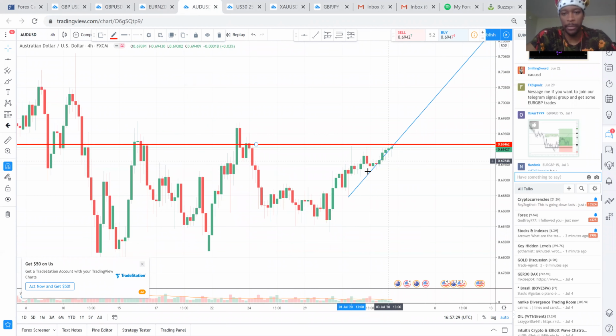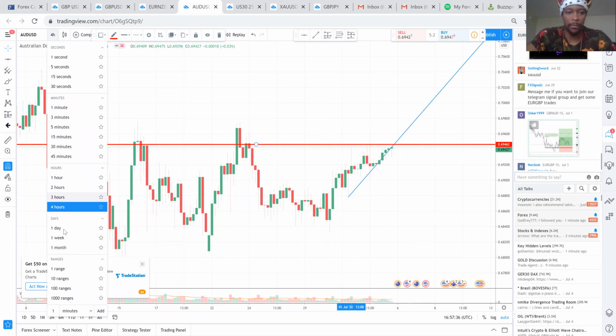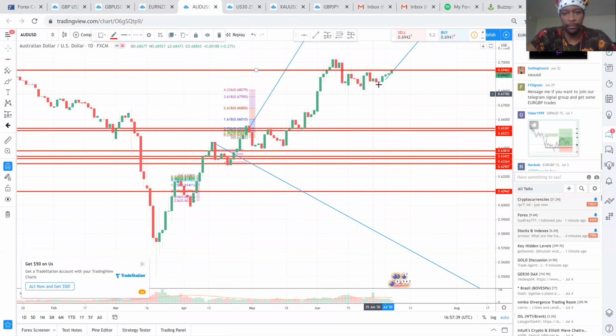And let's go to AUD USD. So this pair has been on an uptrend this past week. So we go to the daily chart. We had the option of seeing this pair potentially breaking above this red line to test this area over here.